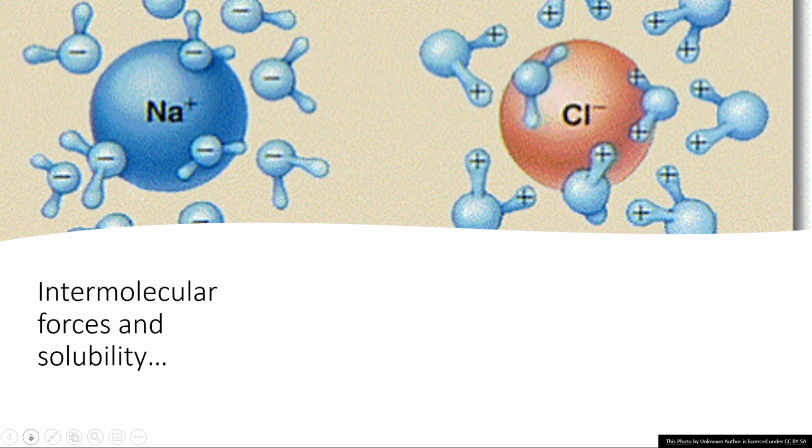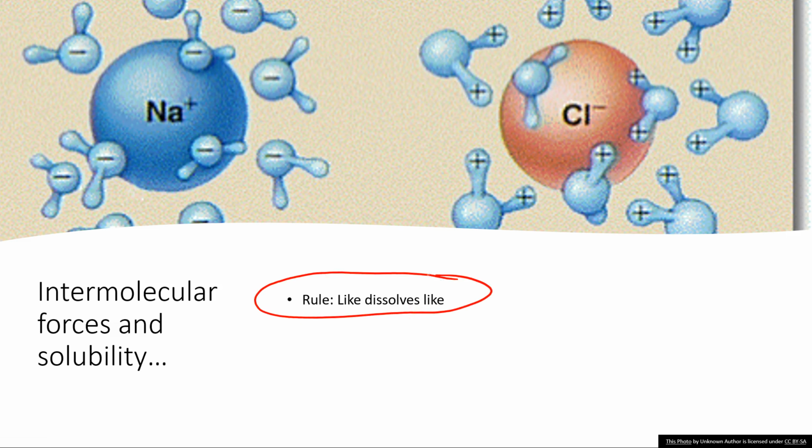Polar covalent compounds have moderate boiling points because they're not held as tightly together as ionic compounds, but there is still some attraction, and our nonpolar covalent compounds tend to have lower boiling points. So referring to solubility, a rule I want us to remember is like dissolves like. And I'll talk about what that means shortly.